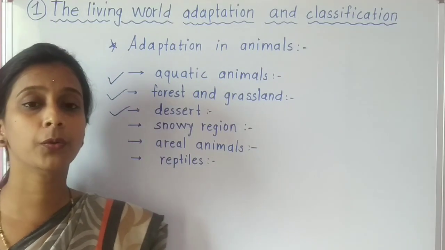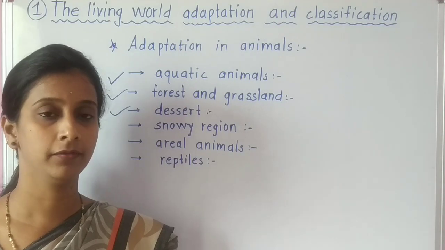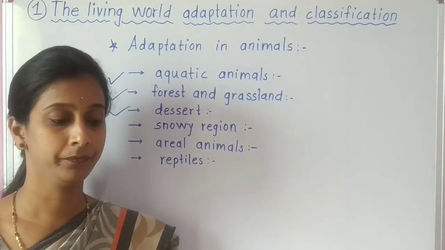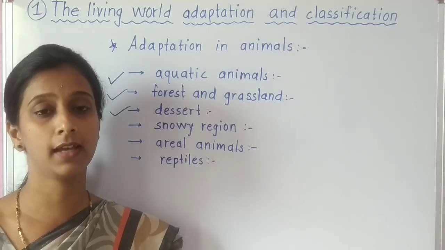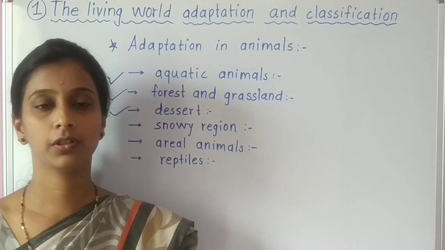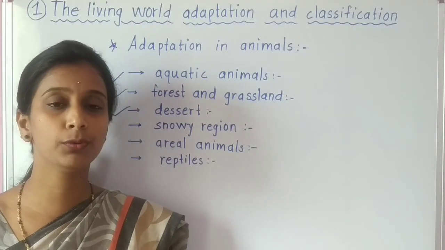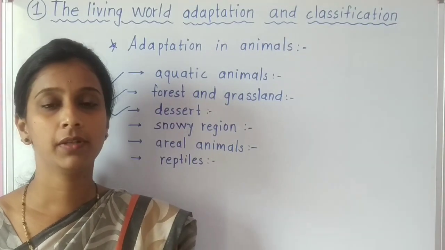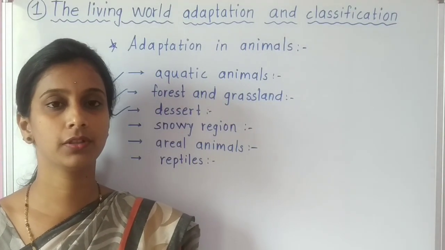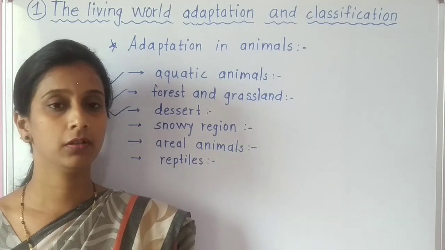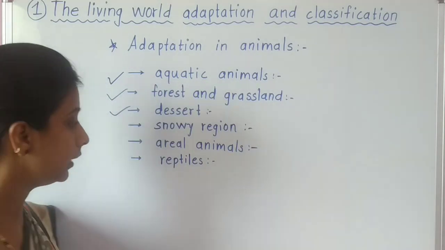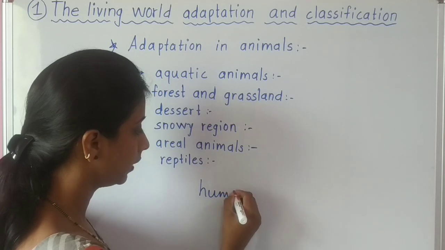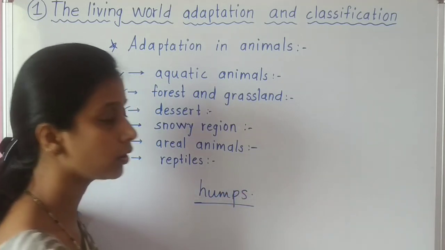Okay, so to protect from sand, this is the second adaptation. We know that camels can live without water for a long time, without food for a long time. So why can camels live without water and without food for a long time? Because they have humps. They have humps on their back.